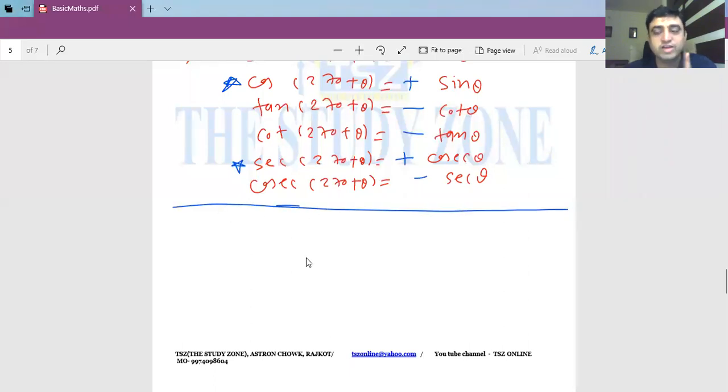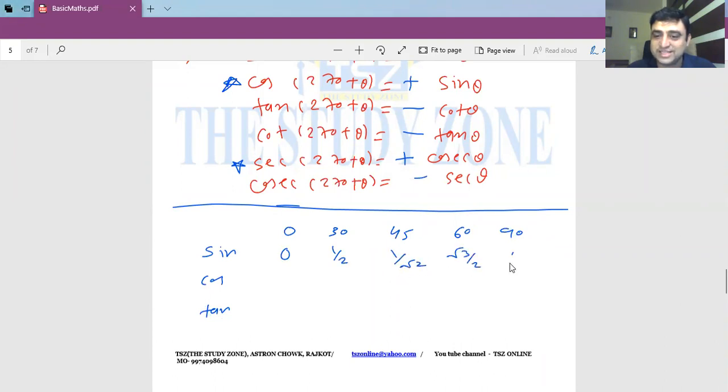So before going for an application, you should know the value table that you studied in 10th standard, that is 0, 30 degree, 45 degree, 60 degree and 90 degree for sine, cos, tan, then reciprocals. You all are aware. Sine 0 is 0, then 1 by 2, 1 by root 2, root 3 by 2, and 1.